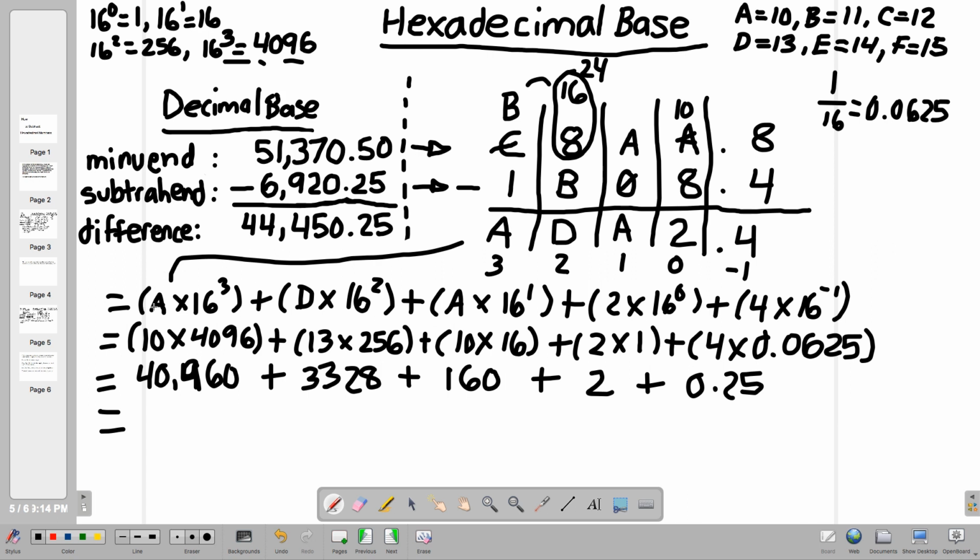And this is the value 44,450.25. And this is what we wanted to show.